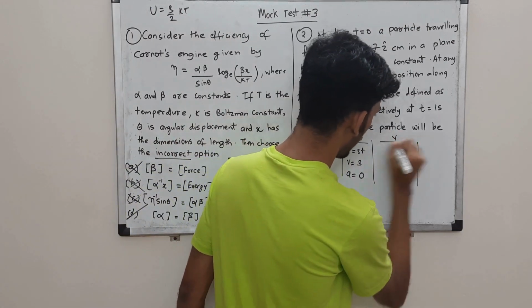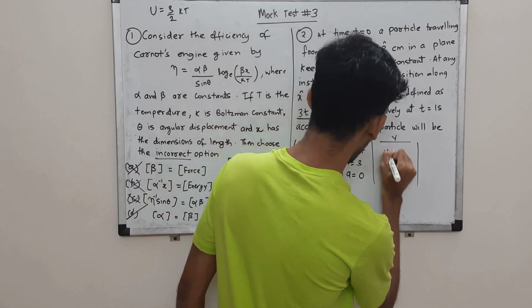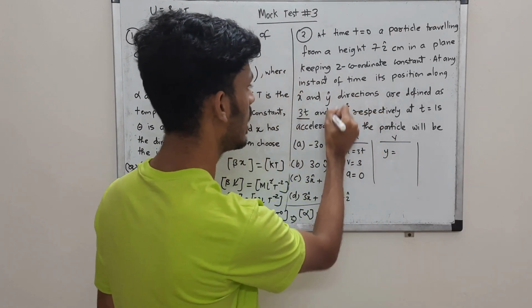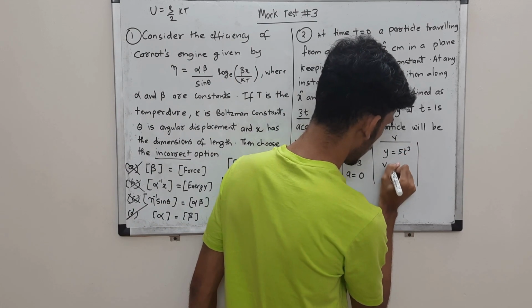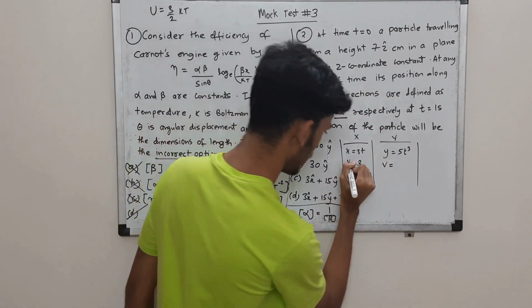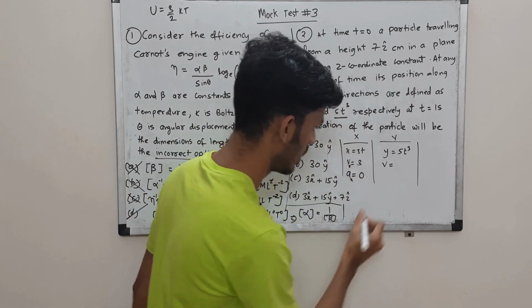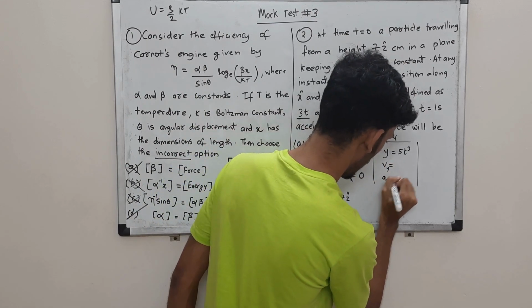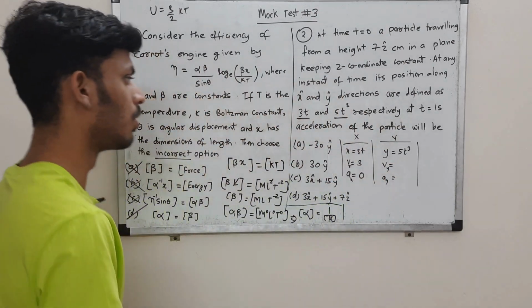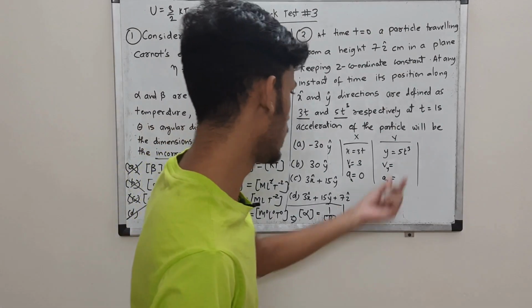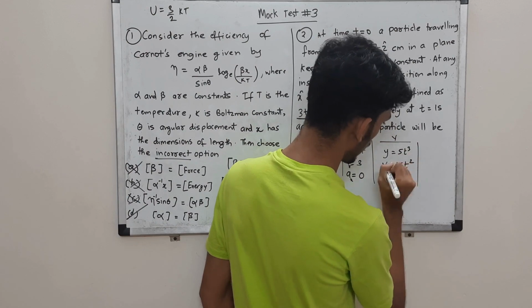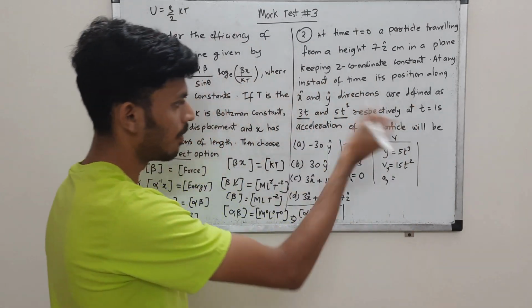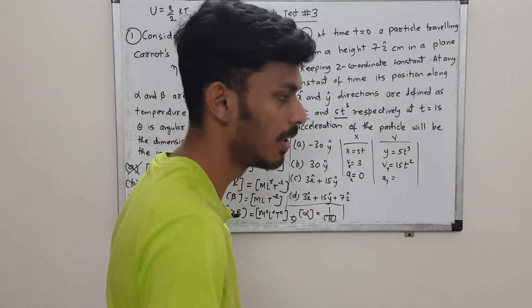Now let's come to the y direction. Here the position is given as 5t^3. Differentiate that so that you get the velocity in the y direction. So the derivative is 15t^2. 3 will come down and 3 minus 1 on top.